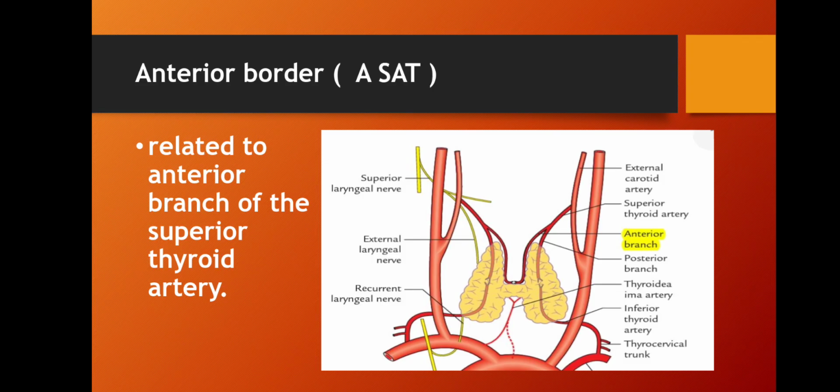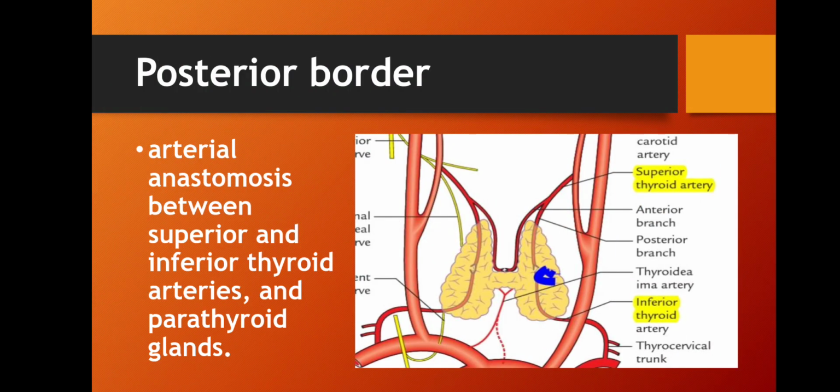Okay. Next, posterior border. How is it related? See in this picture. This is the superior thyroid artery and this is the inferior thyroid artery. They are anastomosing at this point, right? So this is the relation: the arterial anastomosis between the superior and inferior thyroid arteries, and the parathyroid glands.